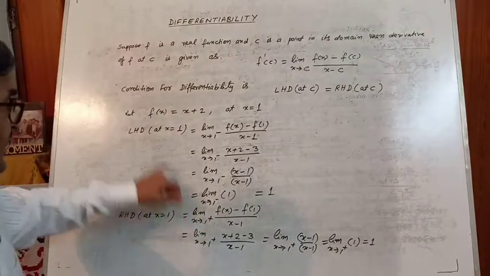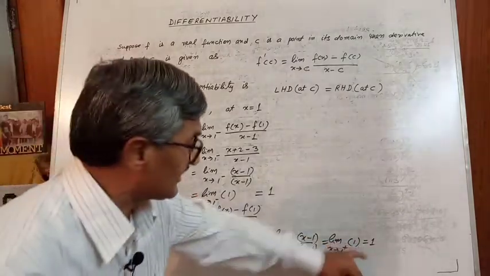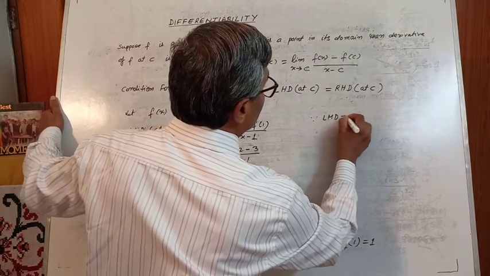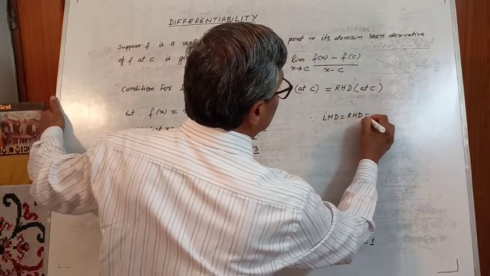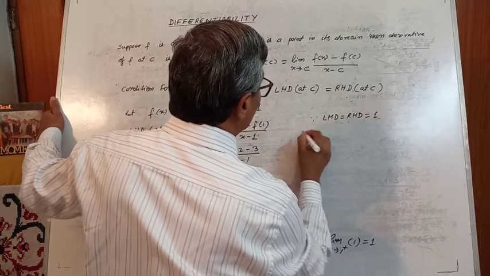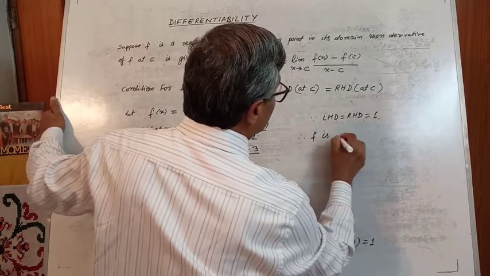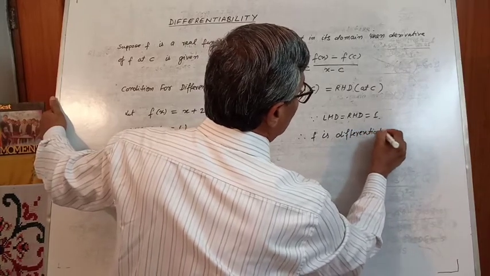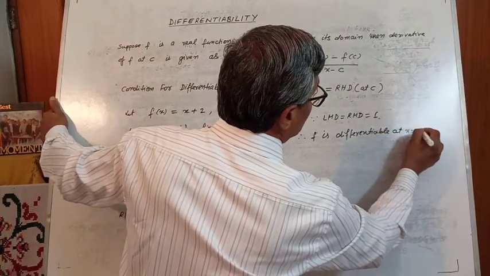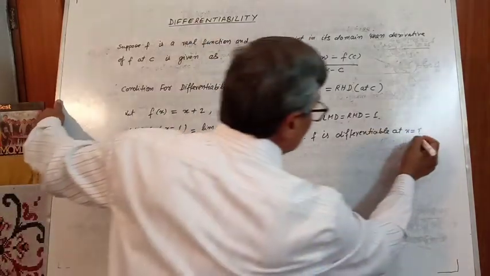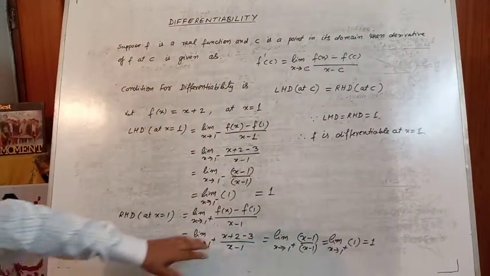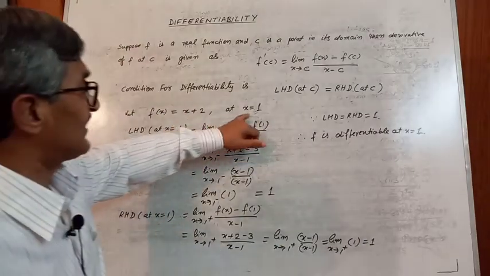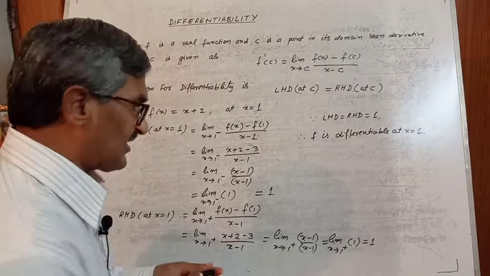So left hand derivative equal to right hand derivative equal to 1, therefore f is differentiable at x equal to 1. This is the method to check the differentiability of a function. This function is differentiable at x equal to 1. Now we will take another example.